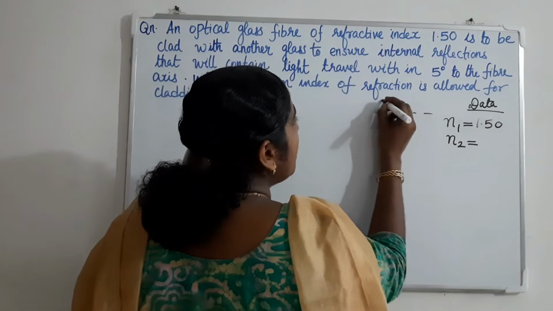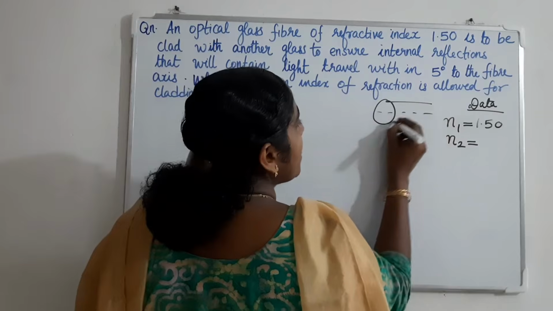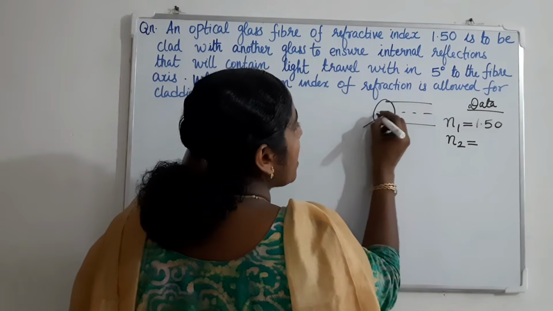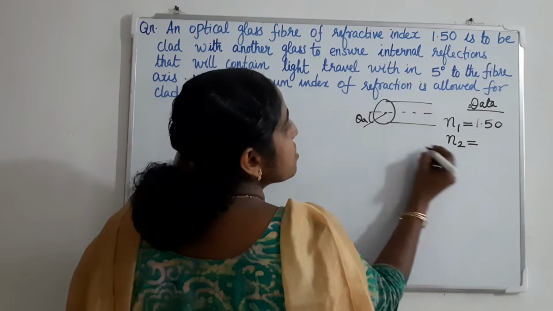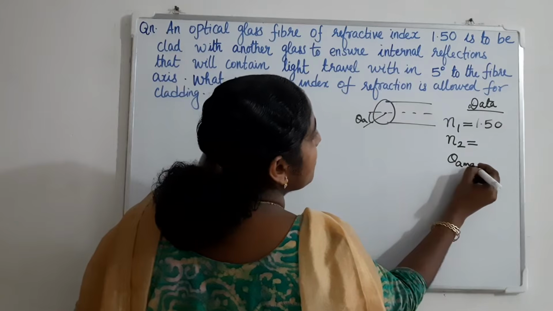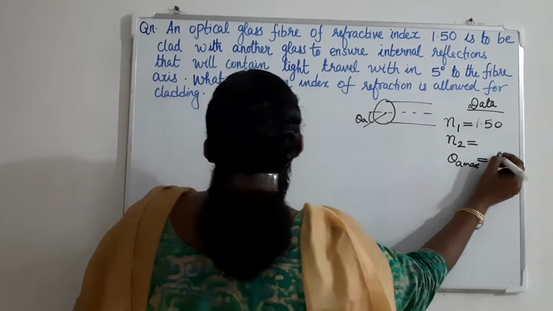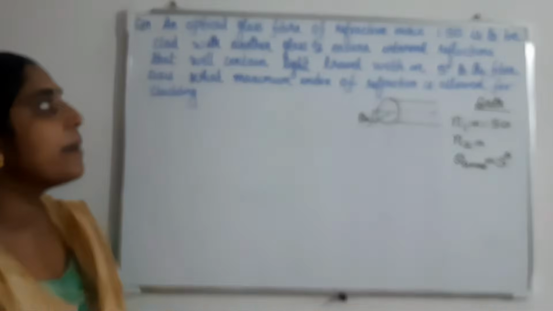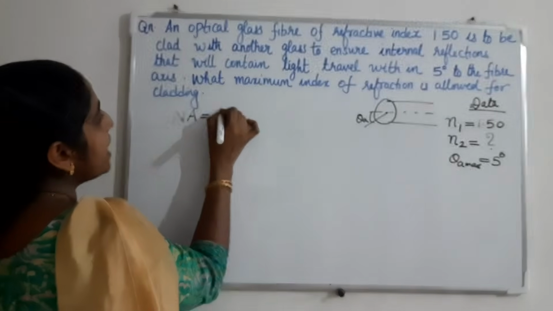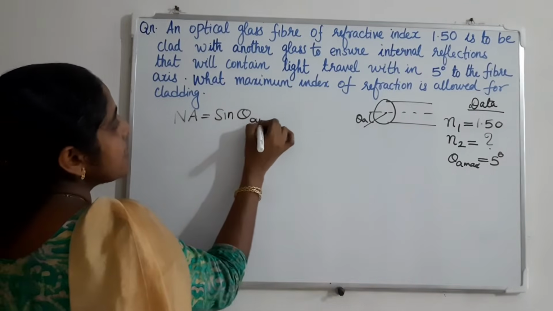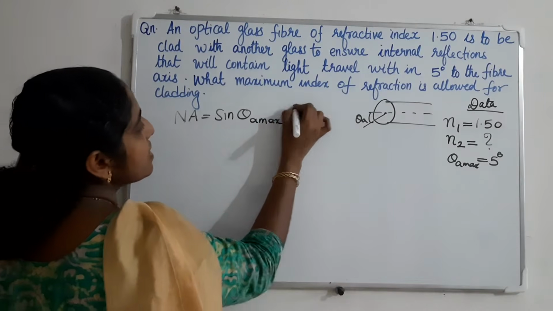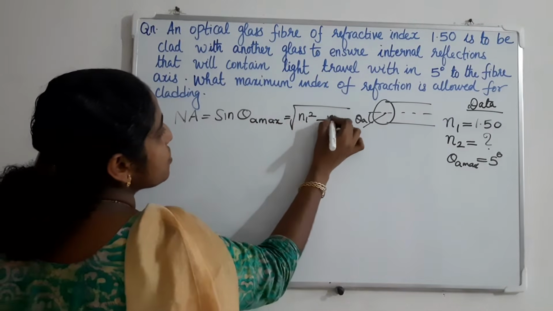The angle which the light makes with the fiber axis is known as the acceptance angle. So the acceptance angle here is given as 5 degrees. We have to find out the maximum index of refraction allowed for cladding, that is N2. The expression for numerical aperture is sin theta A maximum is equal to root of N1 square minus N2 square.